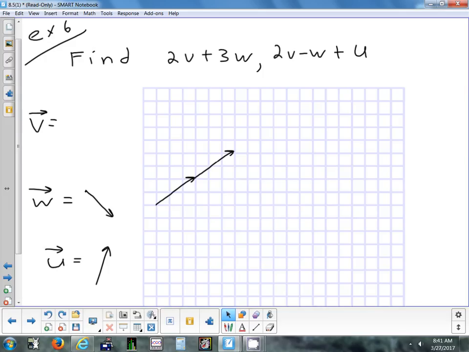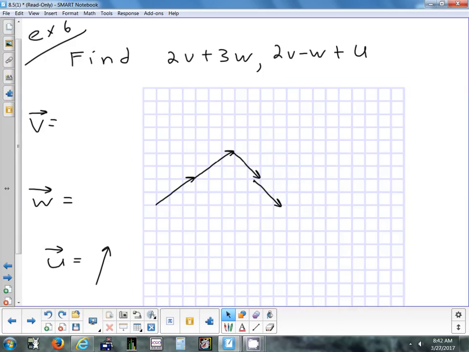Do I need to switch the direction? What do you think, Ayla? No, because we're not subtracting. If we were doing the second one, we would have to find the opposite of w. But this is just taking 3 of those and putting them on the end.